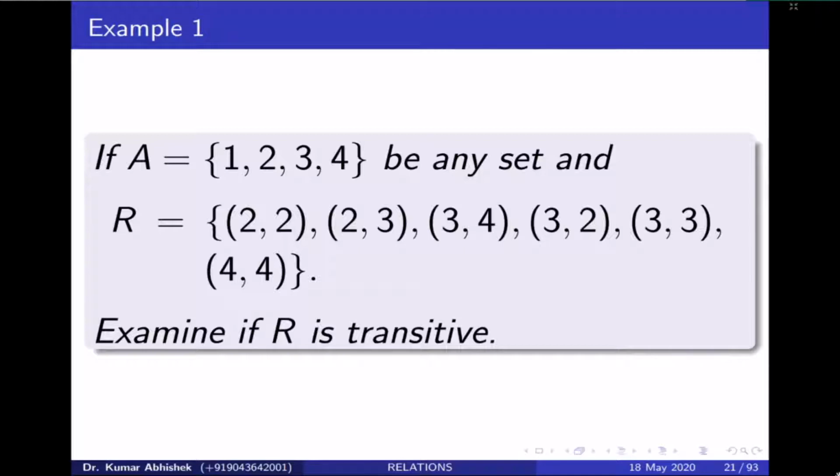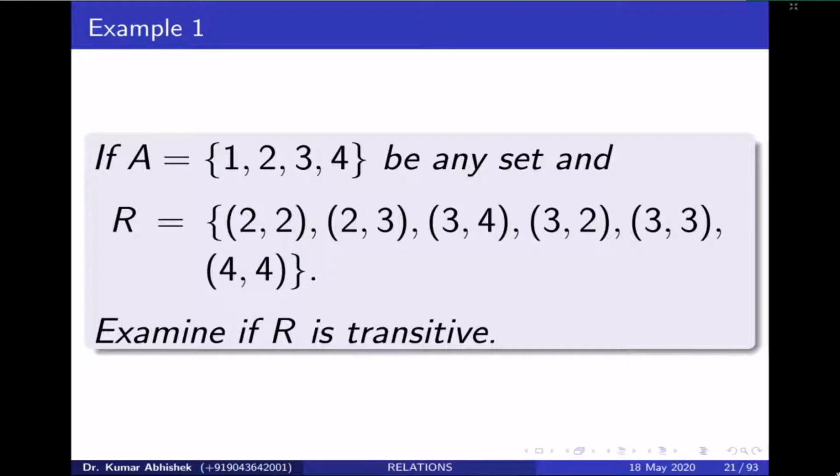To begin with, we consider example number 1, where A is a set defined as 1 to 3, and R is a relation defined over the set A, where the first element is 2 comma 2, second element is 2 comma 3, third element is 3 comma 4, fourth element is 3 comma 2, fifth element is 3 comma 3, and the last element is 4 comma 4. Here we need to check if the relation R is transitive.